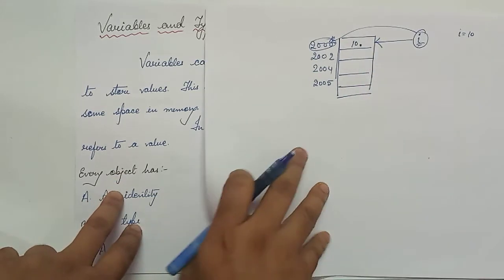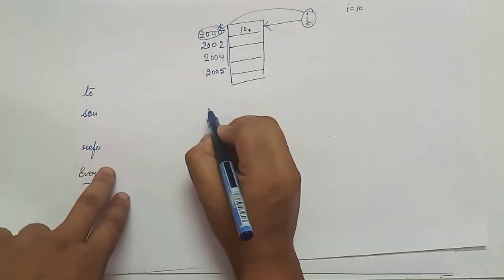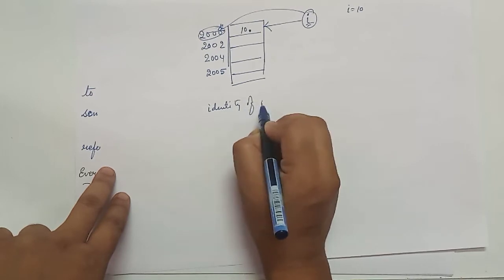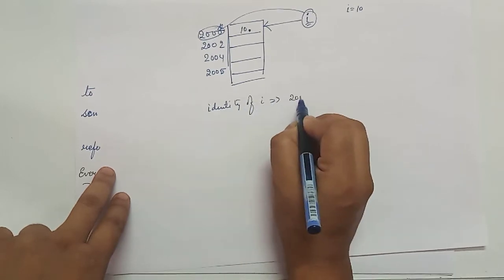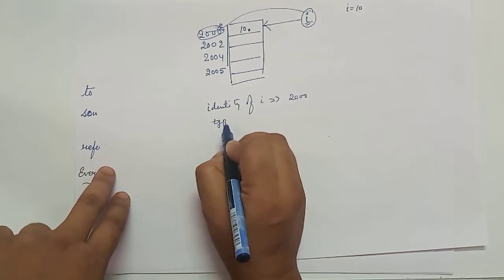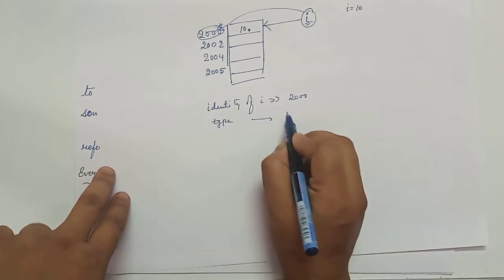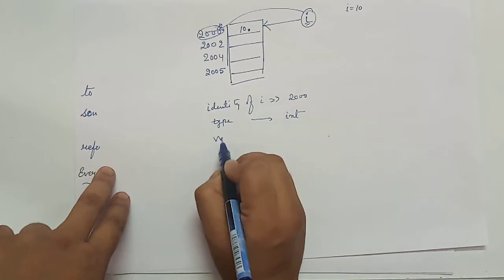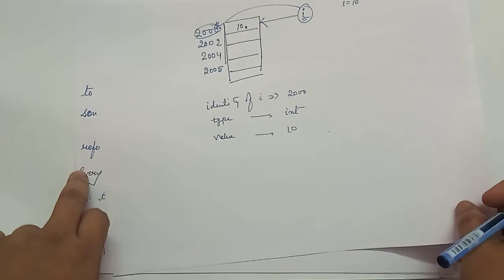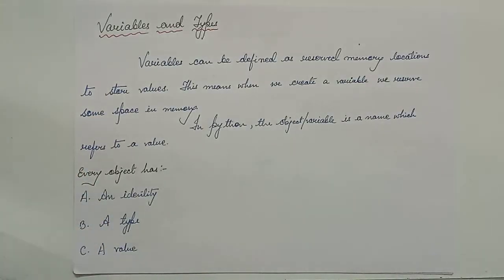So here let me write down the identity of I, that is the memory address 2000. What kind of data is stored, that is the type, it is integer, and the value is 10. So these are the three attributes of every object present in Python.